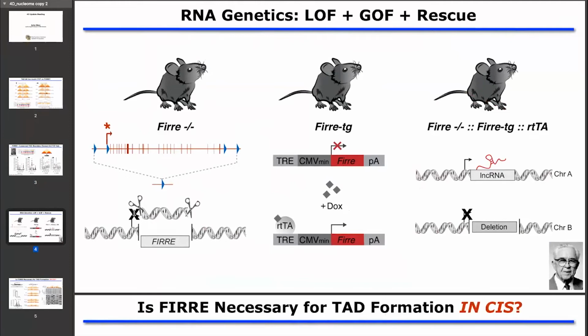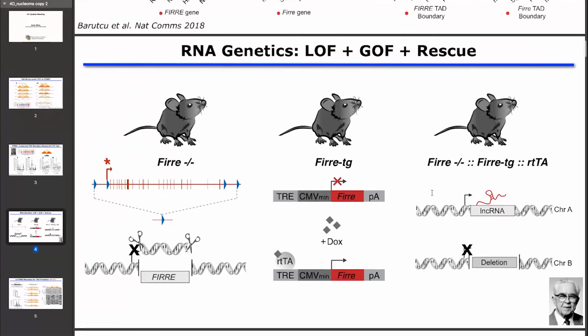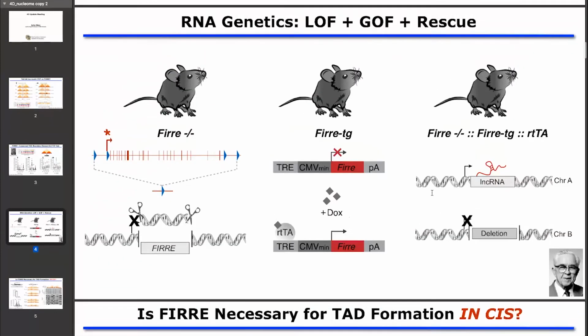So we removed all cis regulatory functionality in this locus. We also made a gene where we put the FIRE cDNA, the spliced version of FIRE, on an autosome that's inducible, so we can see if we can rescue any defects in the knockout, and then combined these to have the knockout background with the inducible transgene in it.